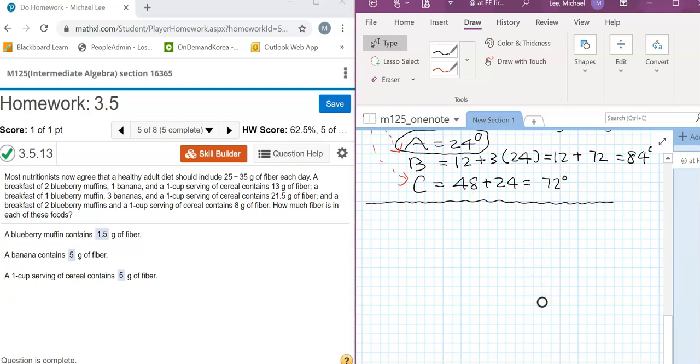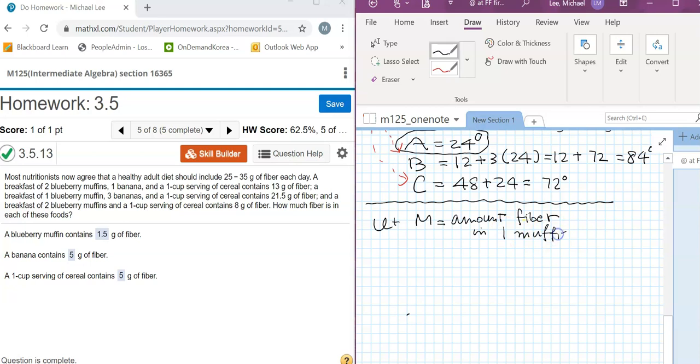so we have muffins and bananas and then cereal, right? So I'm going to just use the same thing like I did before. Let M be the amount of fiber in one muffin.